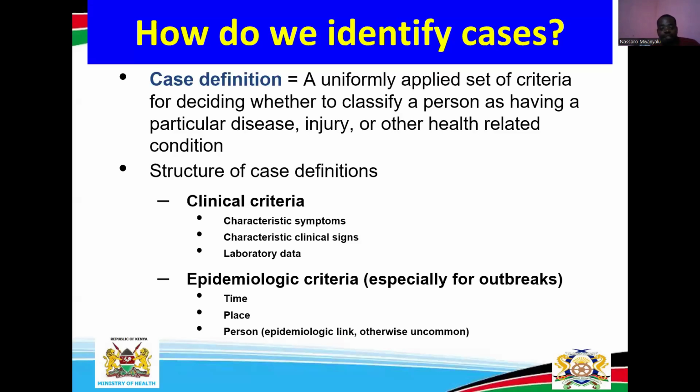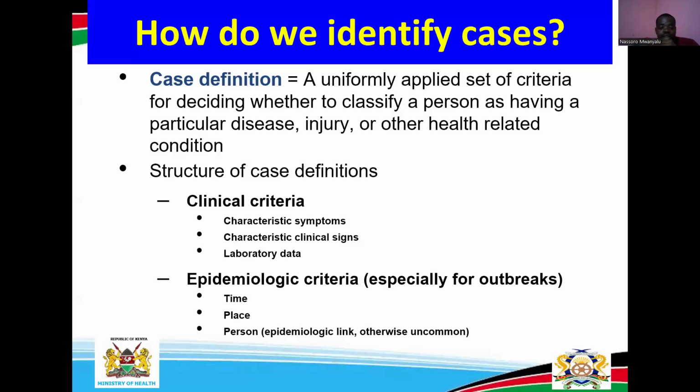When we initially had the COVID-19 outbreak in China, the Ministry of Health came up with a working case definition, whereby they talked about any person presenting with fever, cough, difficulty in breathing, with a history of travel from China, okay? So that was a case definition. Majority of us have interacted with it, and we got more exposure during the COVID-19 pandemic.